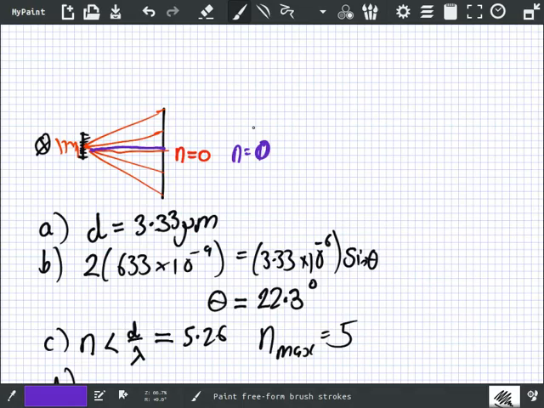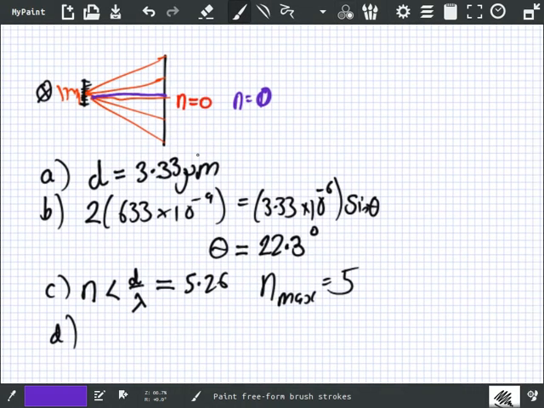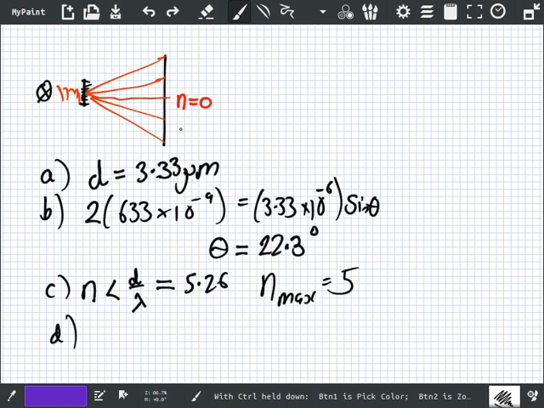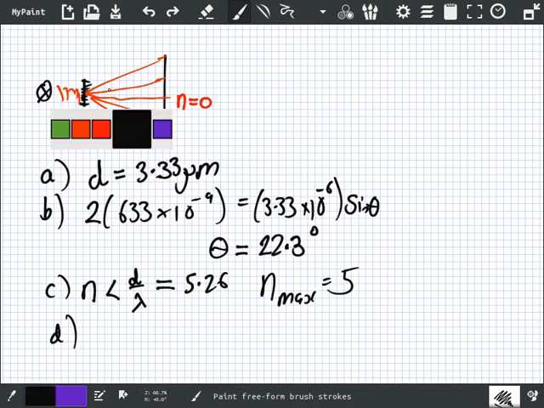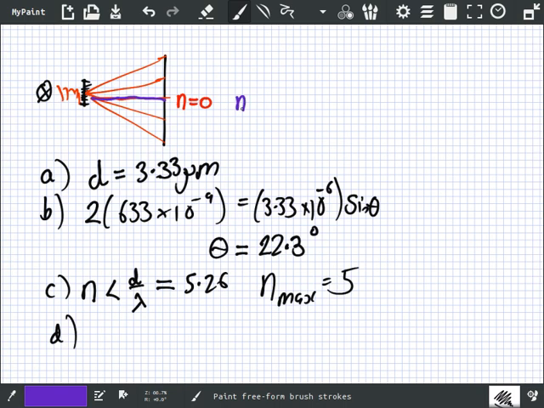No, okay, so listen. If I replace this with blue light, the blue light and the red light will be the same at n equals 0, but the angles will be different because the lambda is different. So maybe the n equals 1 is here, maybe the n equals 2 is here.